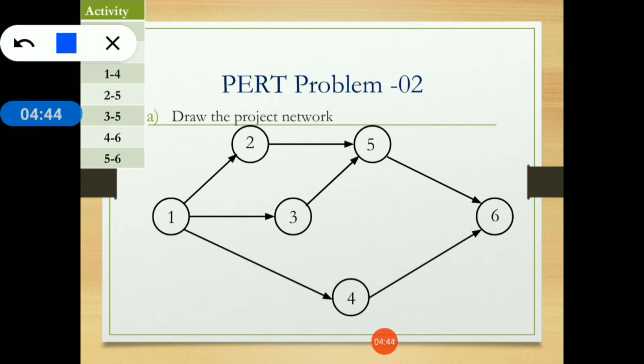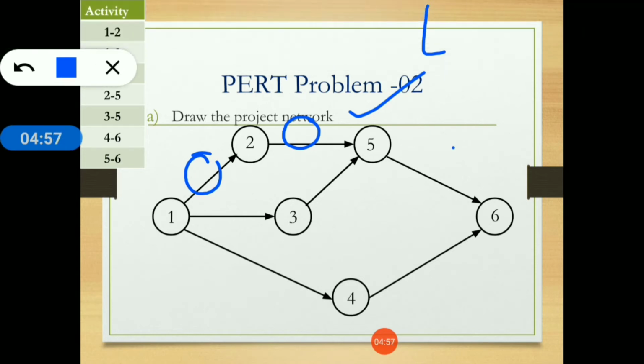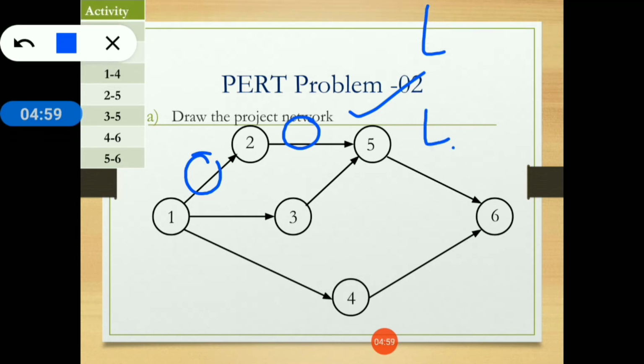So our network diagram is completed, but we cannot write the duration on each activity because we have 3 values: optimistic time, most likely time and pessimistic time.